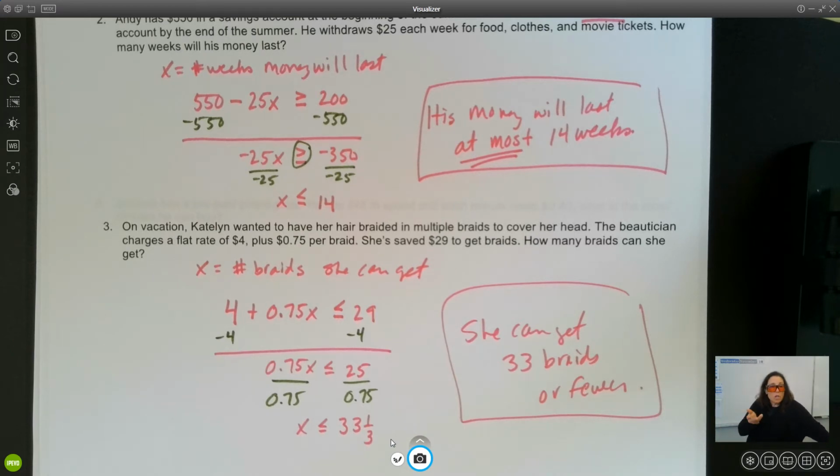She may be a little girl and not a lot of hair. She may only need 4 braids. So you need to answer that in the answer. So 33, she can get 30, she can get 15, she can get 10, she can get 1.